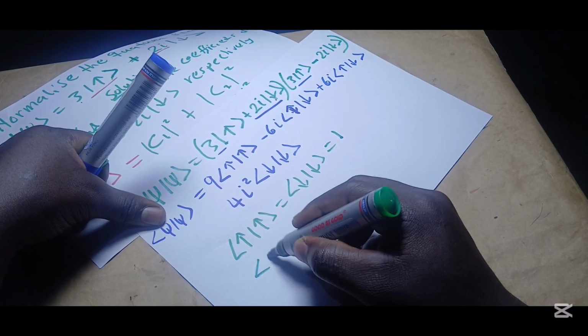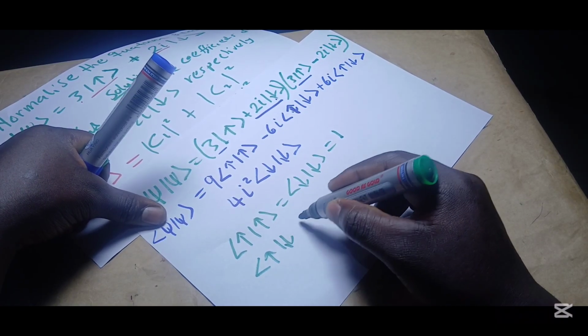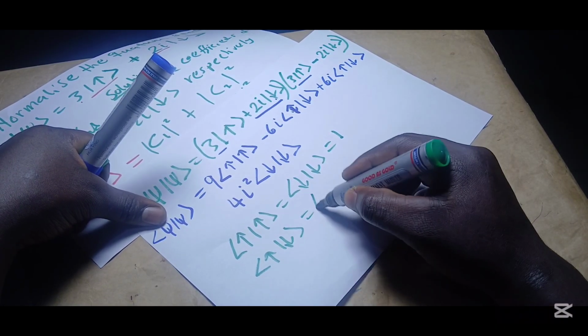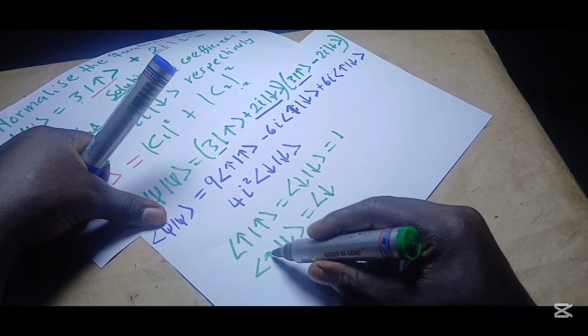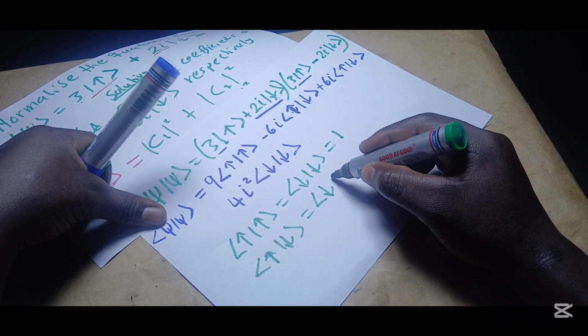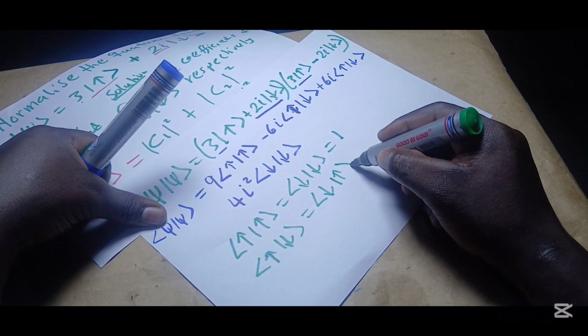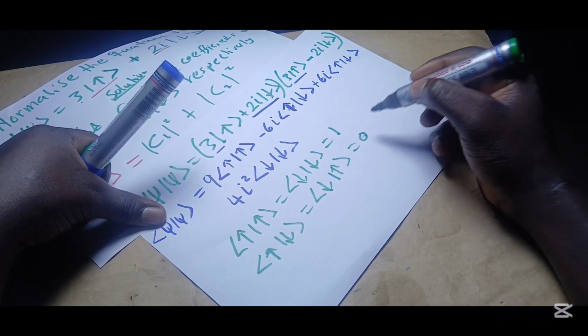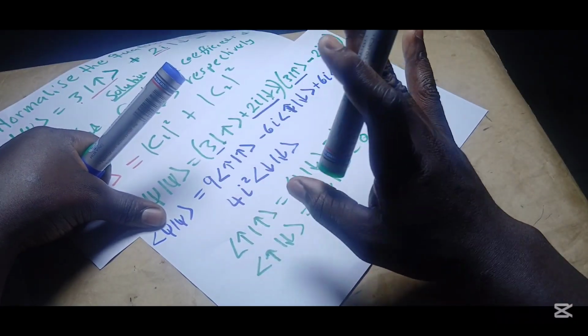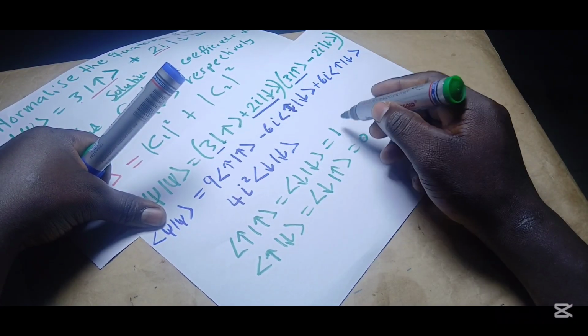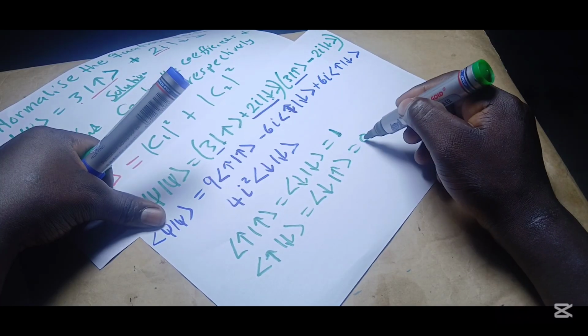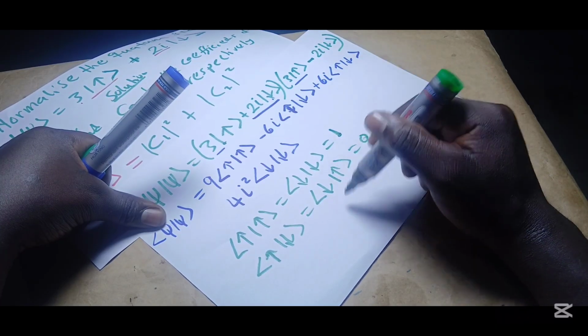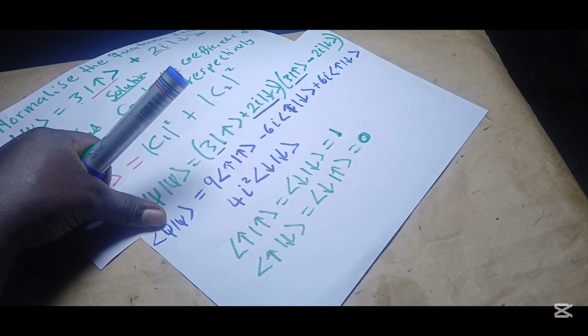And ⟨up|down⟩ is going to be equal to ⟨down|up⟩, notice the sign, which is equal to 0. So if we have the spins facing the same direction, they will get a probability of 1. But if one is facing up and one is facing down, we get a probability of 0.